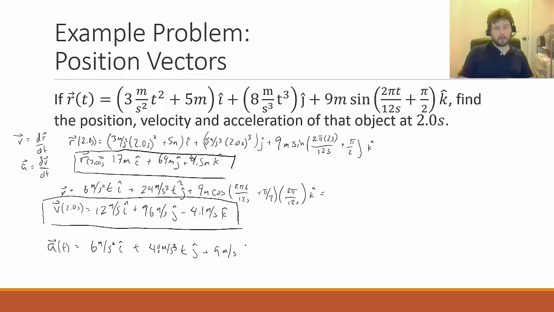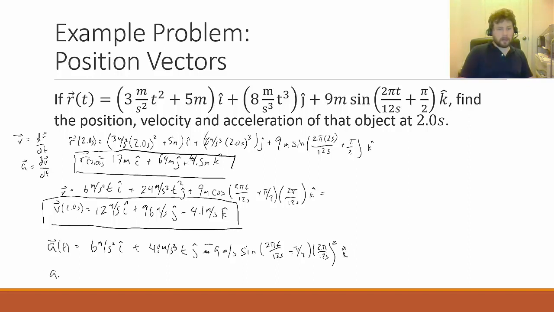Now the derivative of sine is negative cosine, so I pull out that negative sign, and that leaves me with sine of 2 pi t over 12 seconds plus pi over 2. I still have a factor of 2 pi over 12 seconds from before, but now I bring out an additional factor of 2 pi over 12 seconds from the chain rule again, so that gets squared, times k hat.